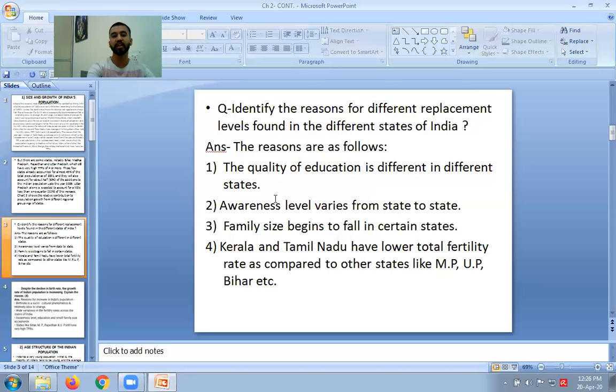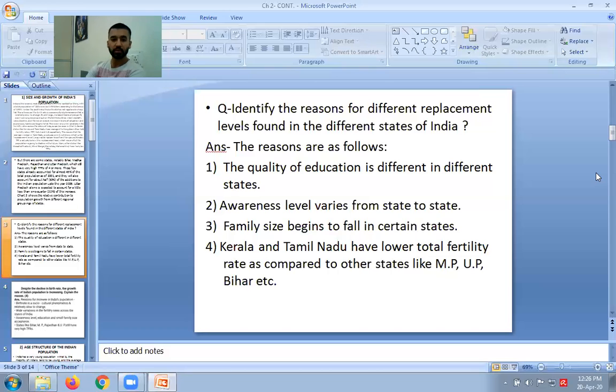And second, awareness level varies from state to state, and this is also related to our education. The first reason was the quality of education. The second reason was awareness level, which also varies from state to state. Third reason, family size begins to fall in certain states. Why?